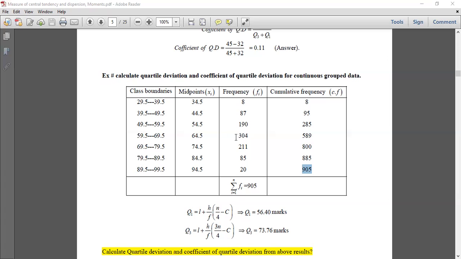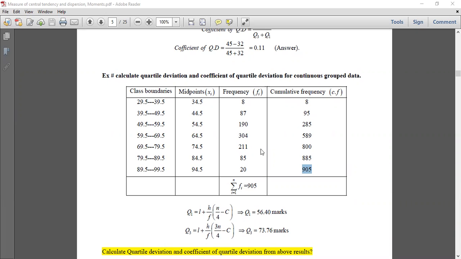That is 226.25, I think. Right? So if we look at 226.25 as a frequency position, it is lying up to what?